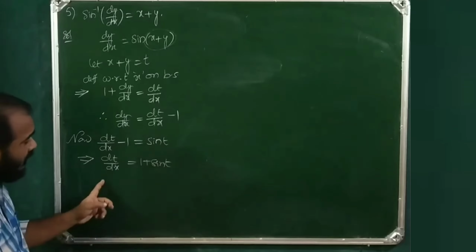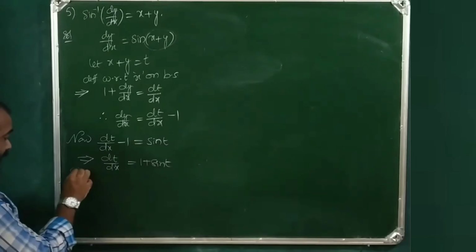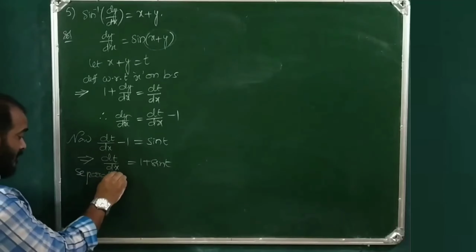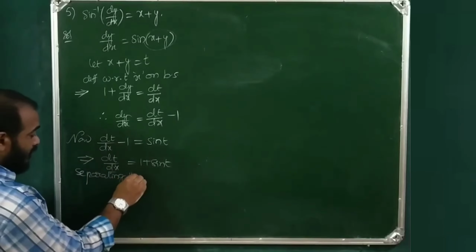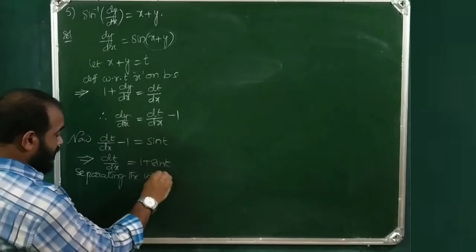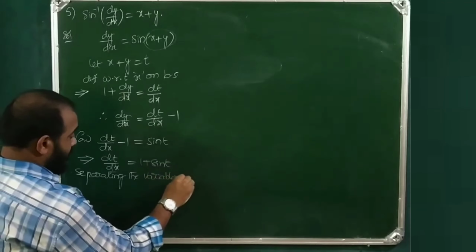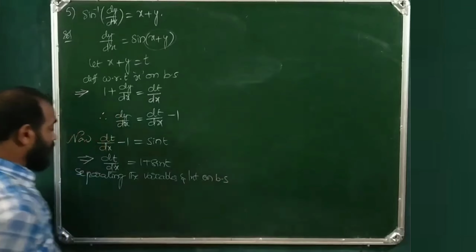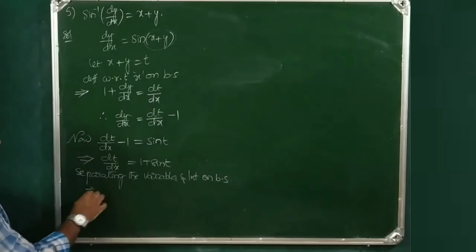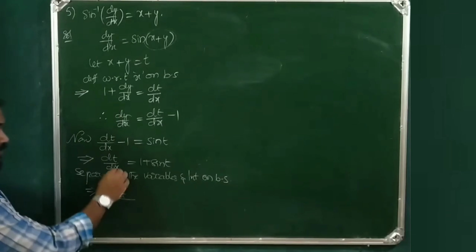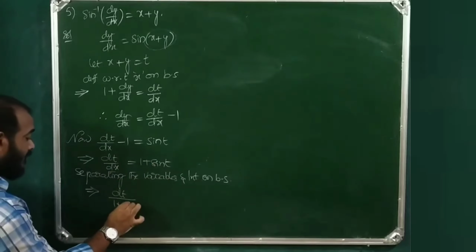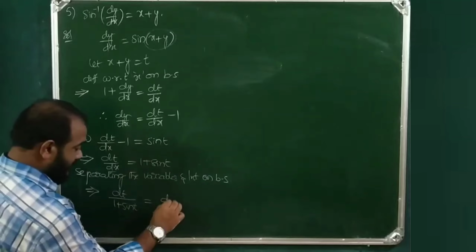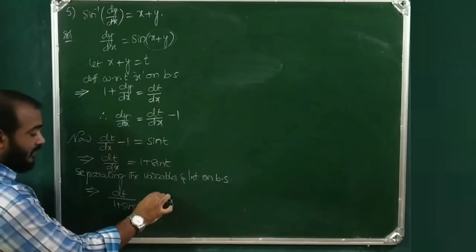Now we can separate the variables here. Separating the variables and integrating on both sides, this is dt by (1 + sin t) is equal to dx. Nothing is there, 1 dx.